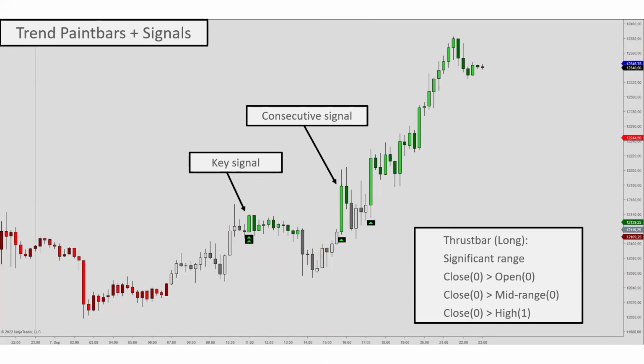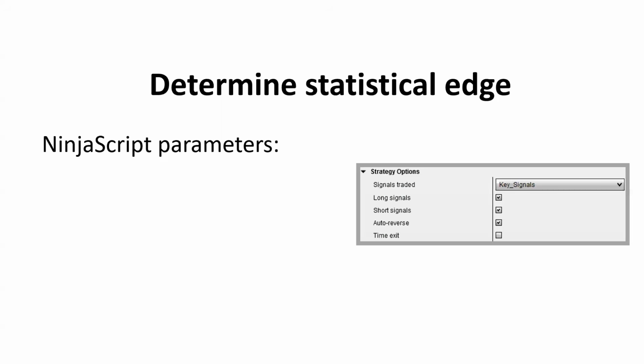Okay, so next we want to find out what our chances are with trading these signals. What's the probability? Is there a statistical edge? And to do that, we work with the NinjaScript strategy template we created for the premium Ichimoku. And so what we see here are a few of the options available via the strategy analyzer dialog box.